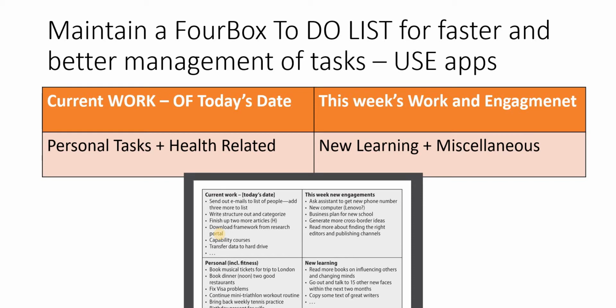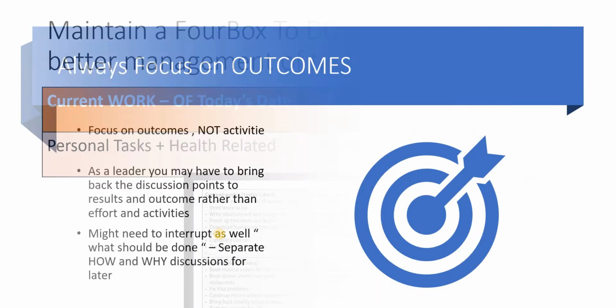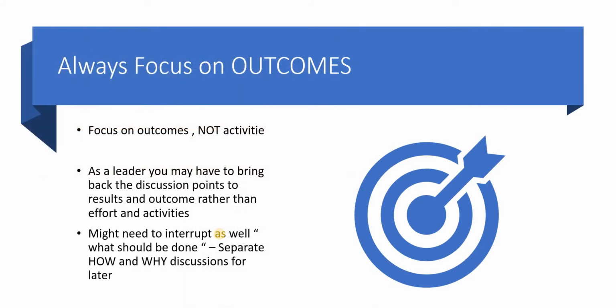It has often been said that one of the biggest reasons for stress is the feeling of lack of control. So any process management tool, any process management discipline like this can go a long way to help you be in control and manage your stress levels. It is often very easy to go astray and get lost, and we start focusing on the activities rather than on the outcomes.